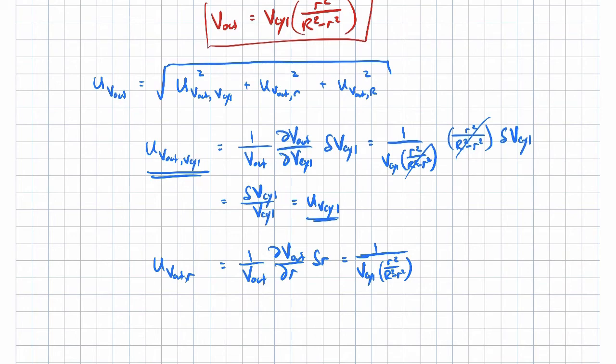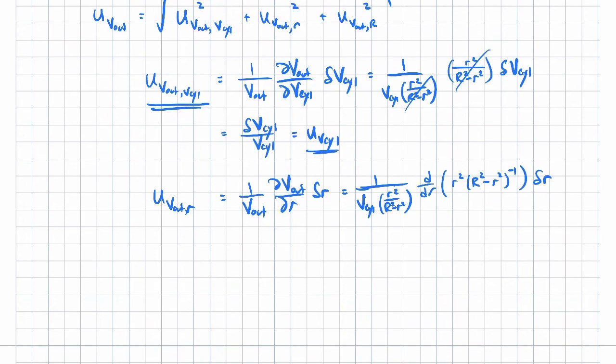Unfortunately, I didn't work that out in advance, so I'm not going to work it out here. It's just standard calculus. The way I would do it is I would rewrite it as d/dr of r squared times (R squared minus r squared) to the minus 1, and then take the derivative of that using the multiplication rule.